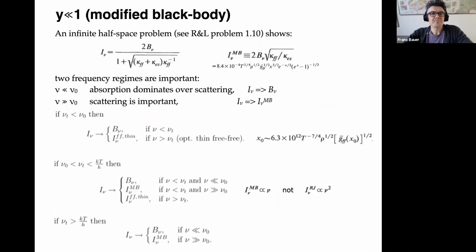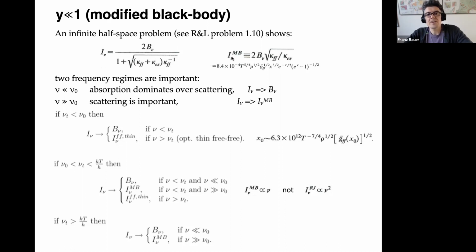And so we can have a specific problem, which is, let's say that we basically have a spectrum that looks like free-free, and we have the case that the intensity here is going to be proportional to the black body, and then you have this extra factor here, which is related to the absorption coefficients.